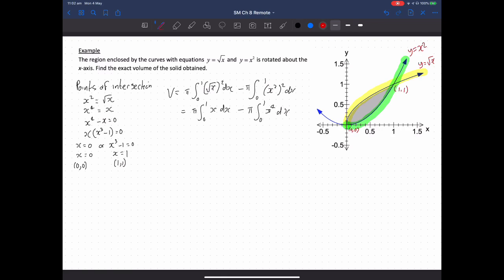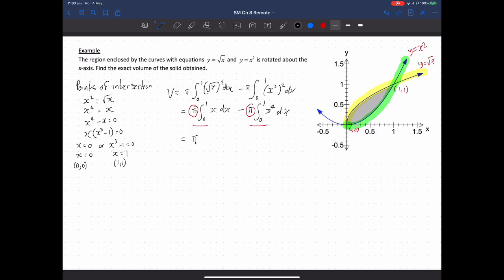Looking at our two expressions, you can see that they have the same integral limits of 0 and 1. You can also see both are multiplied by pi, so I can combine these. Firstly, the pi I'm going to take out as a common factor.